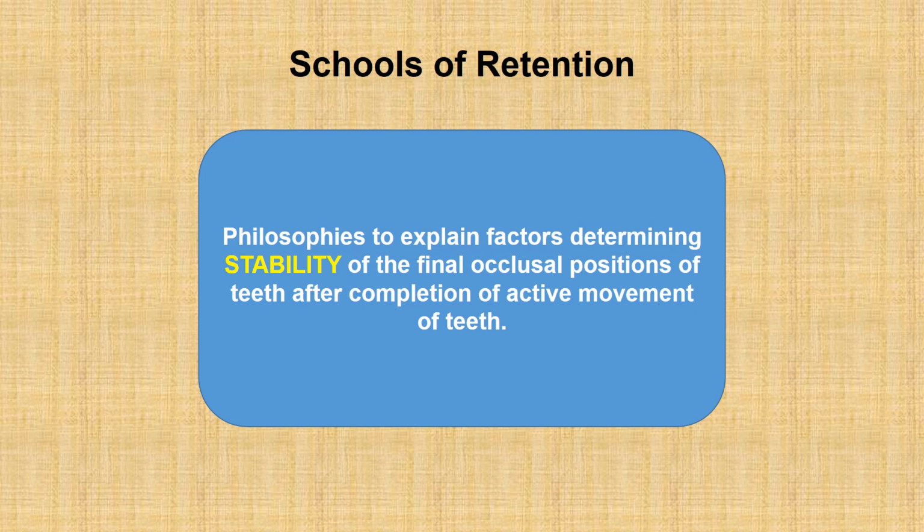Now, there are various schools of retention which have different opinions on retention. These are philosophies to explain the factors determining stability of the final occlusal position of teeth after completion of active movement.